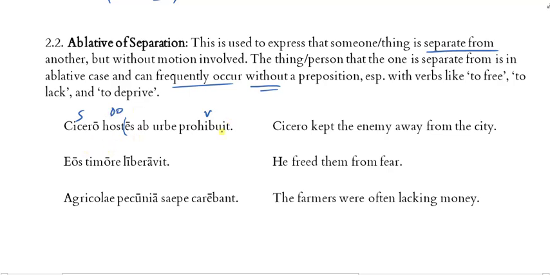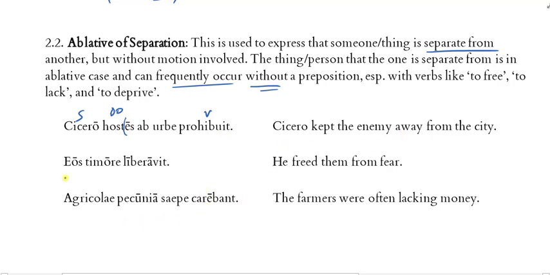So Cicero kept the enemy ab urbe, from the city. All right, so kept the enemy away from the city. Notice that prohibiting is not inherently a verb of motion, right? But there is separation on the basis of this verbal activity.